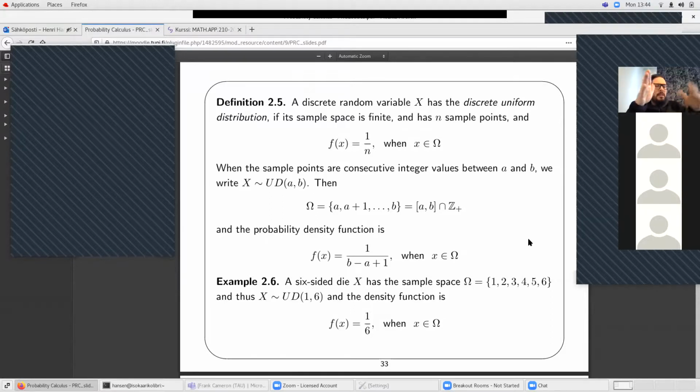It doesn't have to be integer values. It can be an apple, an orange, and a pear, and then they each have probability 1/3 of being picked. We deal with numbers usually because they're easier to operate with. An example which I already mentioned: the 6-sided die has the uniform distribution between 1 and 6, and it has the density function 1/6.